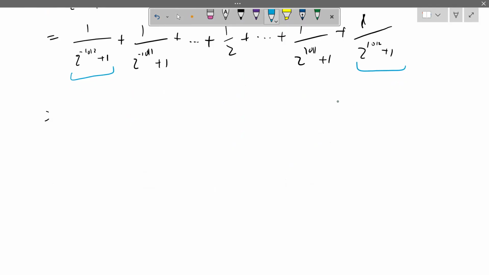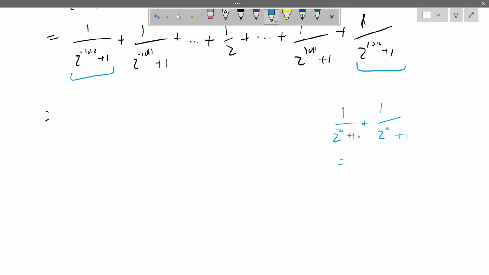Notice that you can group the sum by looking at the leftmost term and the rightmost term, and then the second leftmost term and the second rightmost term, etc. And you'll be doing sums of the form 1 over 2 to the power of minus a plus 1, plus 1 over 2 to the power of a plus 1.